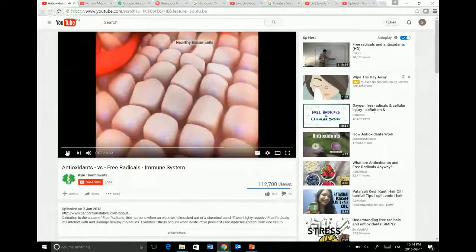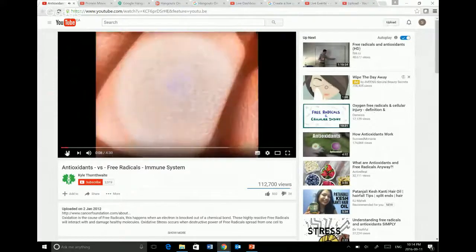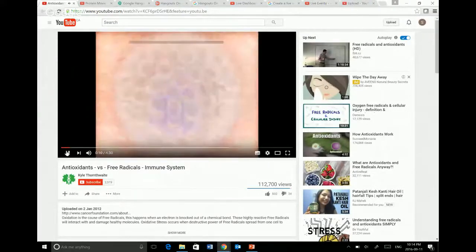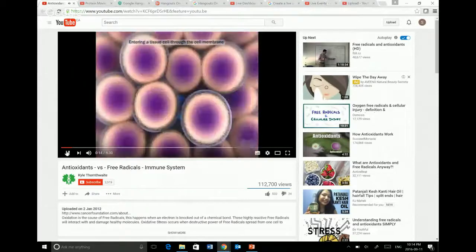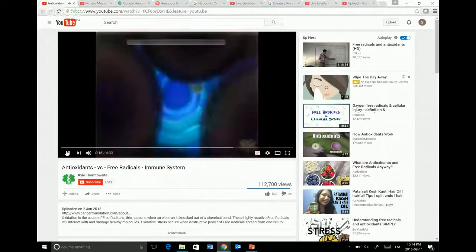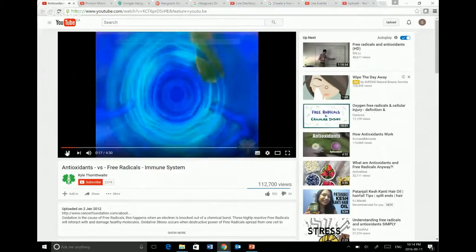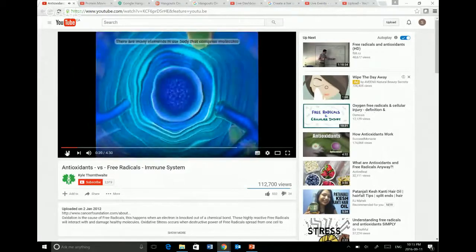Tissue cells. Entering a tissue cell through the cell membrane. There are many elements in our body that comprise molecules.